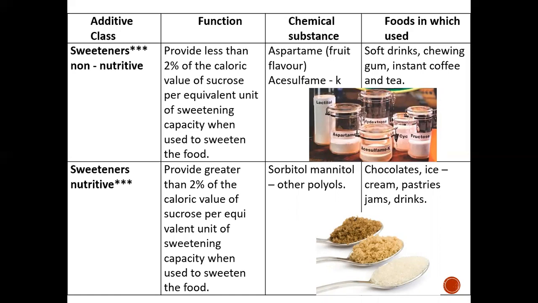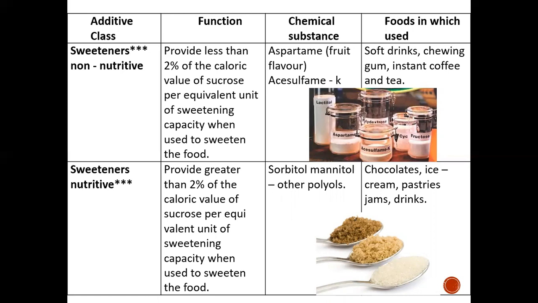These non-nutritive sweeteners are used because they provide less than 2% of the caloric value of sucrose per equal amount. Sucrose is table sugar, which contains calories that get converted to glucose and increase the sugar levels, right?